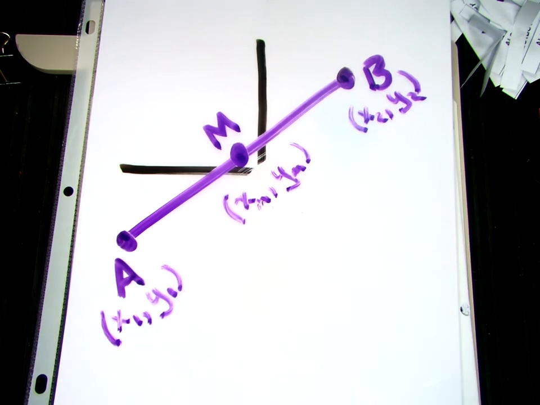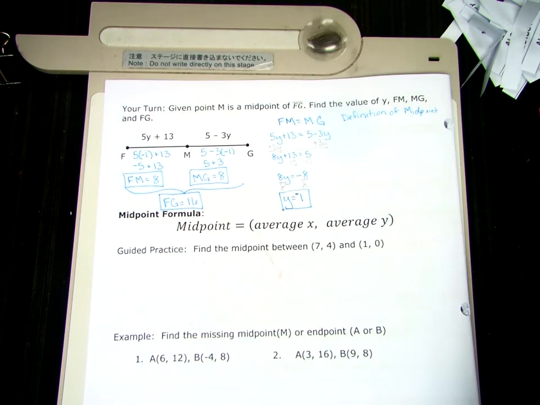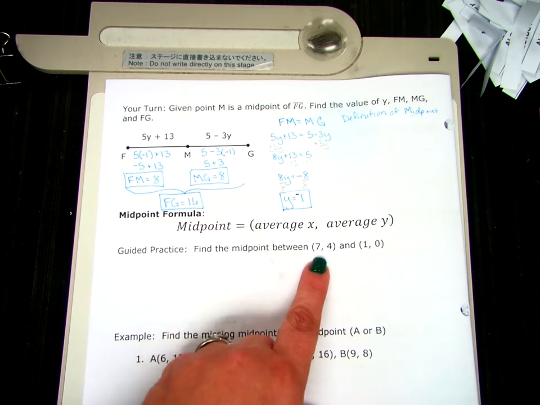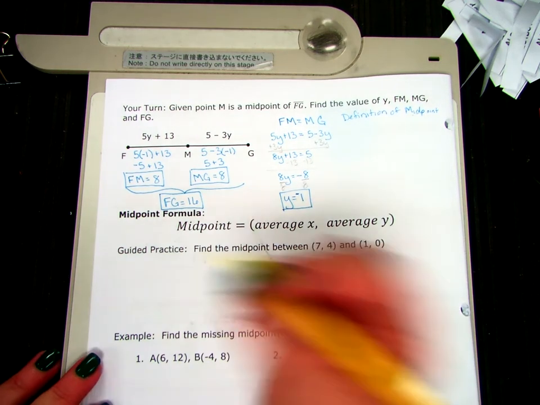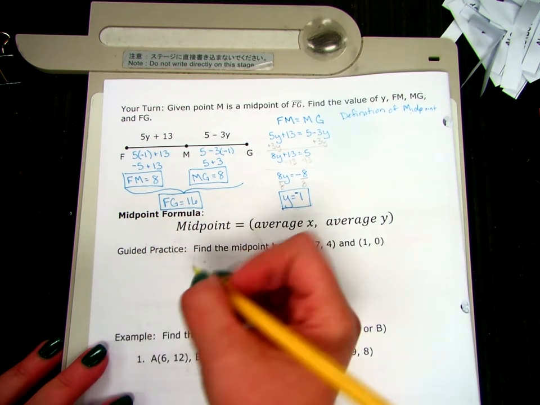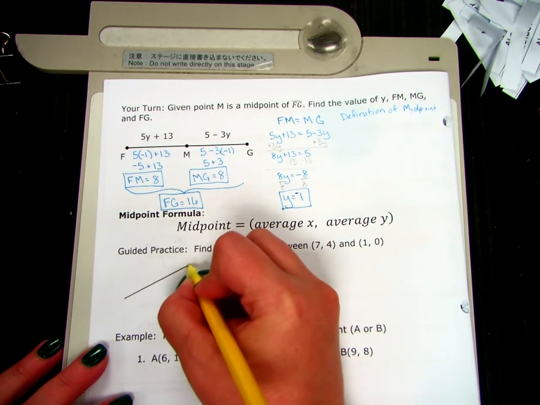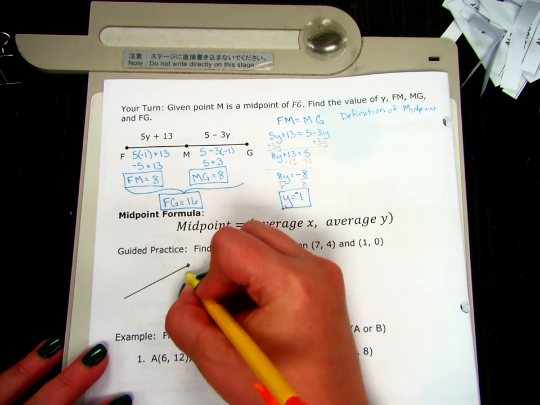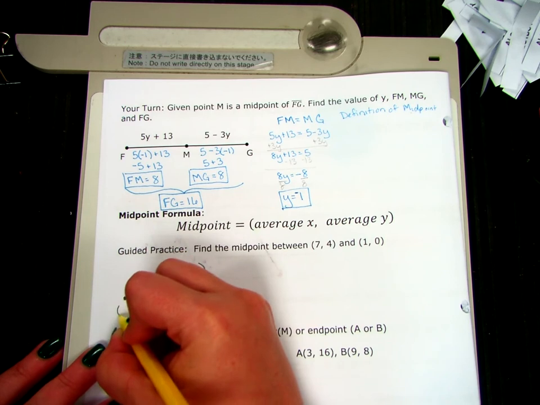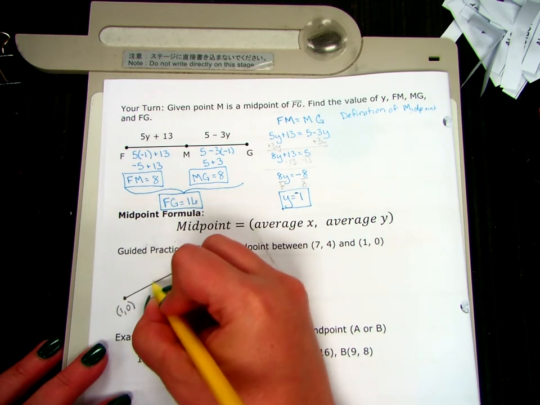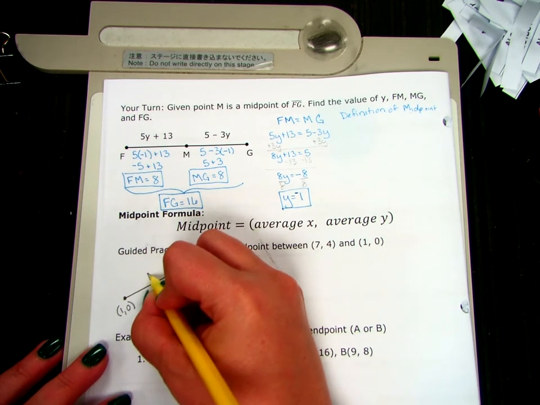So, for example, my first problem is I have find the midpoint between 7, 4, and 1, 0. Okay, so if I were to think of my graph, if I say one end is my 7, 4, and the other end is my 1, 0, and I'm trying to find where is the midpoint right in the middle.